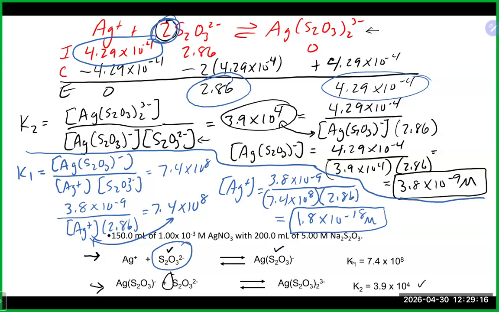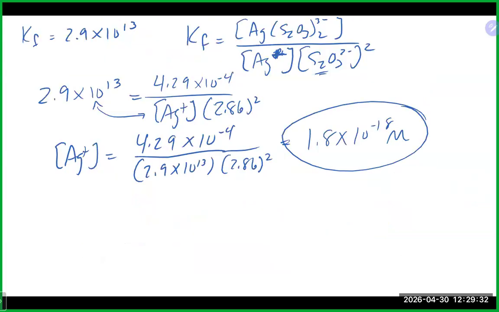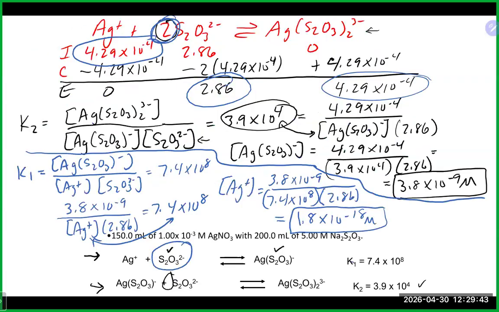If you're asking in this type of problem, you can use the individual ones like I did the first time to solve it here, and you get, as you can see, the same answer. You can definitely take the different approach of going with the metal first, like I did this way, and get the same answer. But at this point you would be forced to go back to one of those equations to find the middle guy, because this little intermediate that the question asks you for is not in the overall reaction.